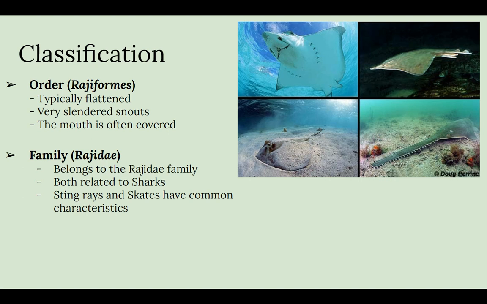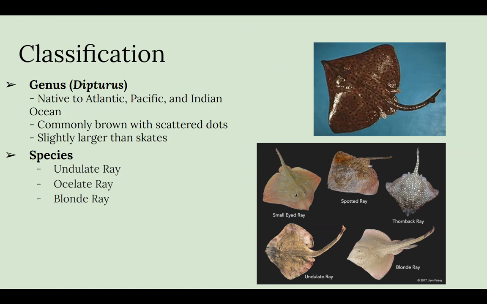And just like sharks, skates and stingrays have very similar characteristics. And then the genus. The genus is native to the Atlantic, Pacific, and Indian Oceans. A genus is a group of skates in one area. They're commonly brown with scattered spots, but they come in other patterns and colors.